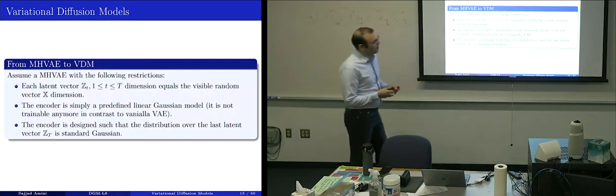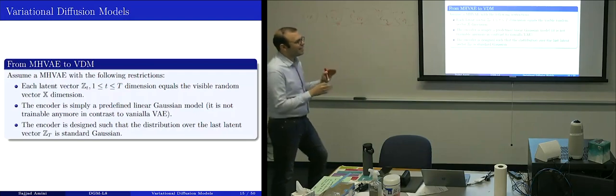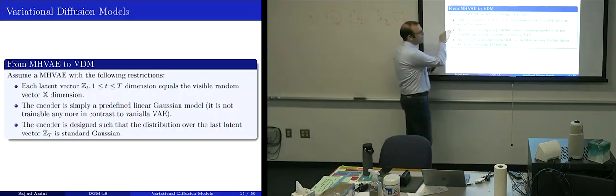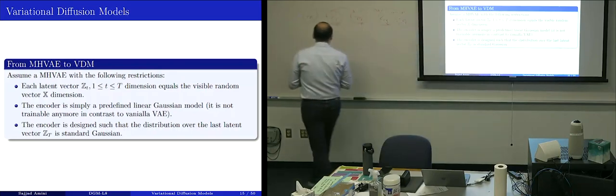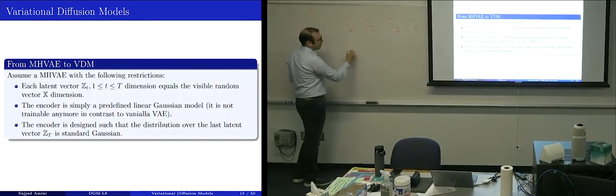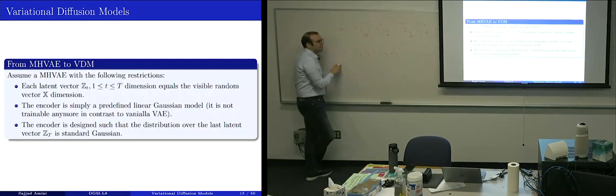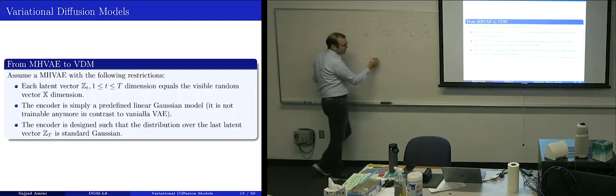The encoder is designed such that the distribution over the last latent vector zT is a standard Gaussian. This is exactly the result of your second property. You design the encoder so that the last latent vector zT is a standard Gaussian. For X, z1 until zT, you do not learn the encoder part anymore. So these transformations, these transitions, are not learnable anymore. They are fixed.